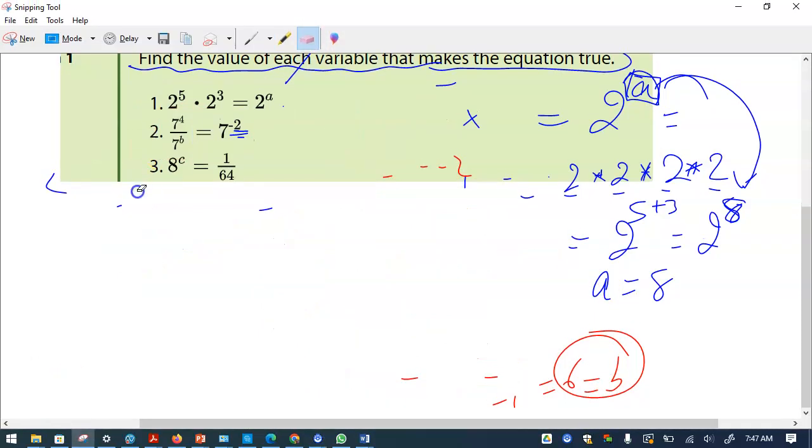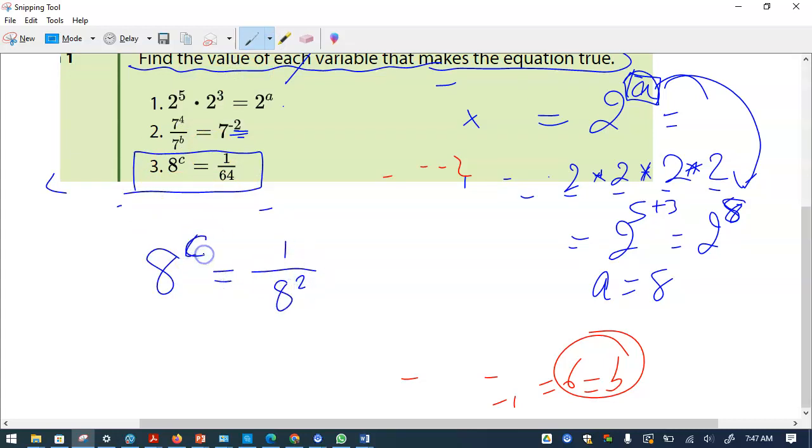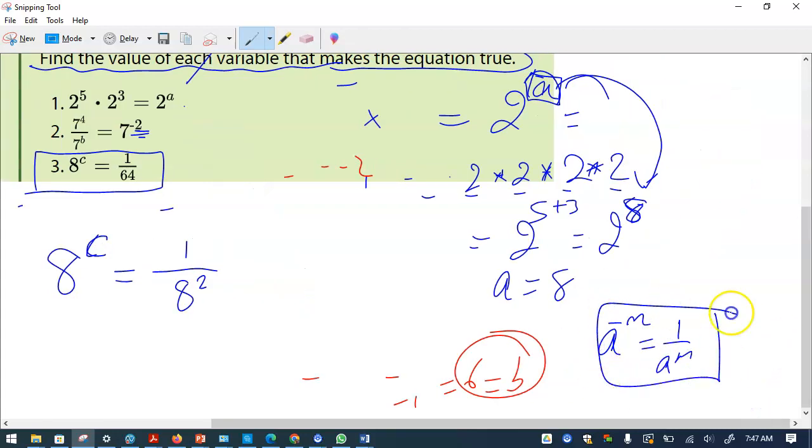And the third question is, 8 raised to the power c equals 1 over 64. So 8 raised to the power c, and the 64 you can write as 8 squared. And then we can use the negative exponent property, that is a raised to minus m is the same as 1 over a raised to m. This is also the same as, if you have 1 over a raised to p, it is the same as a raised to minus p.